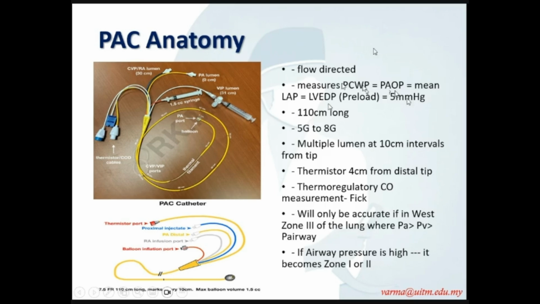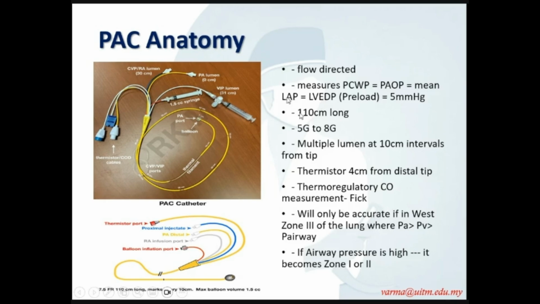When wedging, we are occluding, so it's called pulmonary artery occlusion pressure. It gives a resemblance because from your right atrium, right ventricle, the pulmonary artery goes to the lungs. From the lungs, it comes back via the pulmonary vein to your left atrium. It's a connection. So that's why it gives the mean left atrial pressure and left ventricular end diastolic pressure.